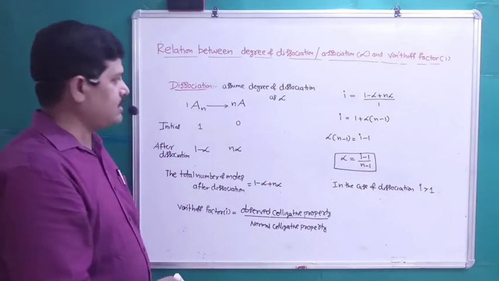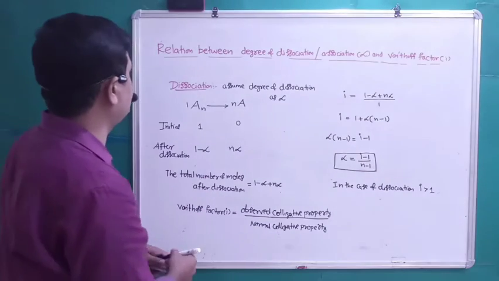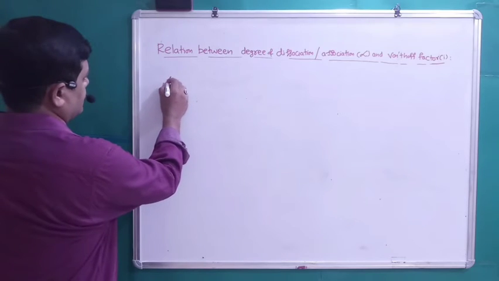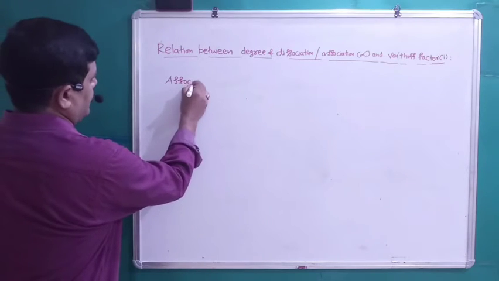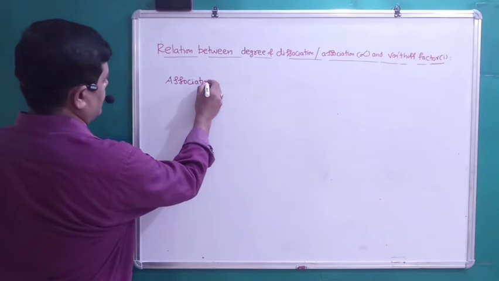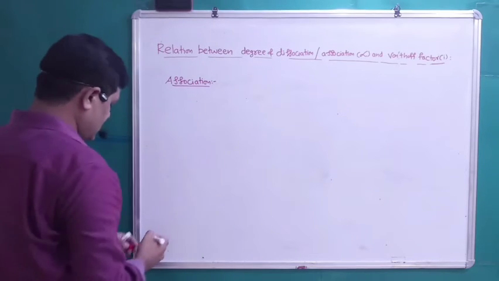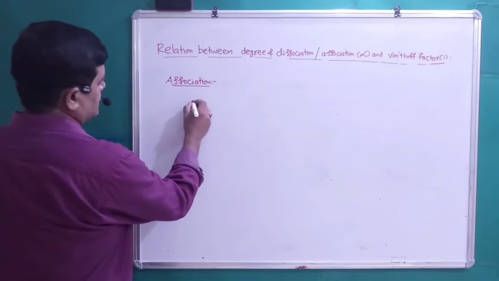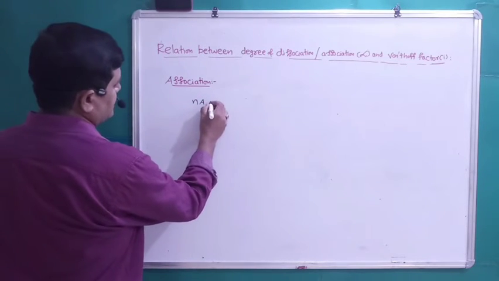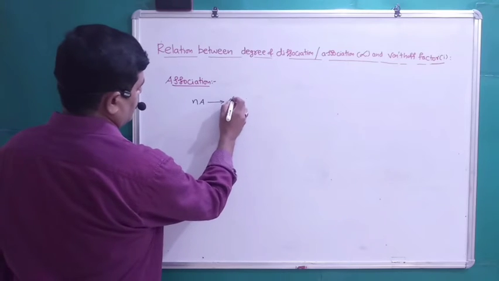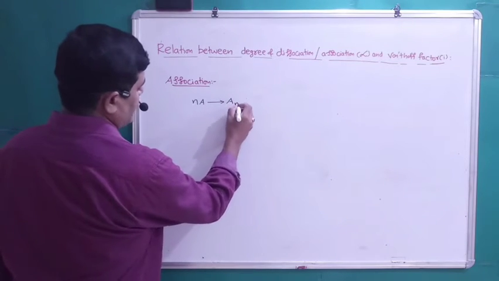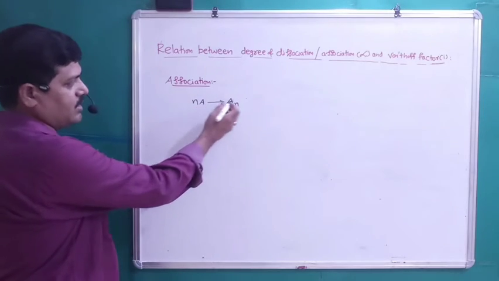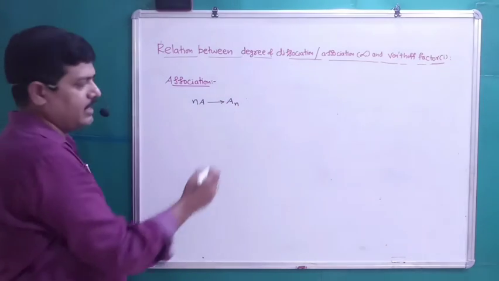Next we will discuss the case of association. Students, in the case of association, we have to take the reverse equation, that is nA gives rise to A_n, n moles of A associated to give 1 mole of A_n.